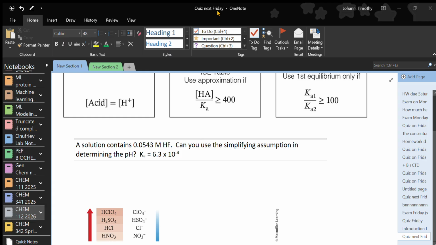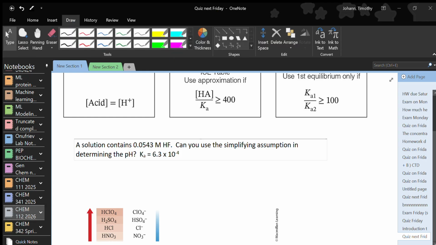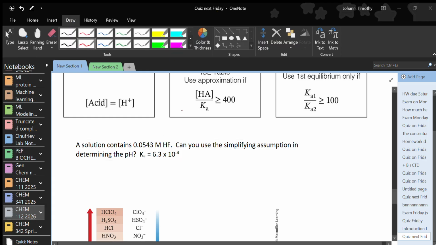Okay, so the way you look at this is, here's how we're testing our approximation. There's my concentration, there's my Ka. So this goes here and this goes here, right? I'm going to take 0.0543 molar and put 6.3 times 10 to the negative 4th underneath it.